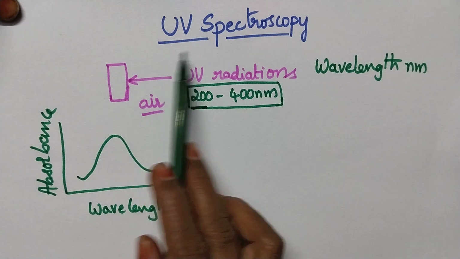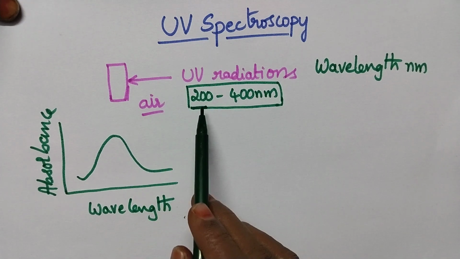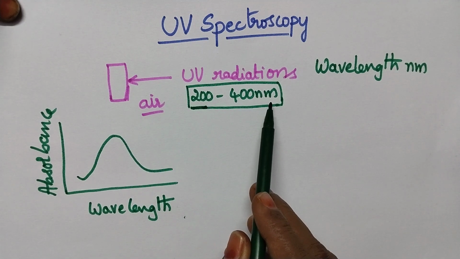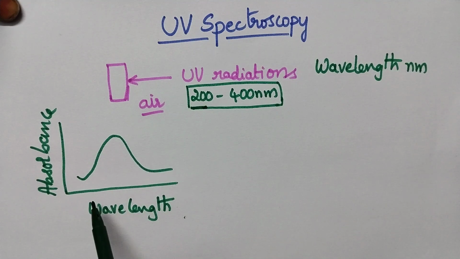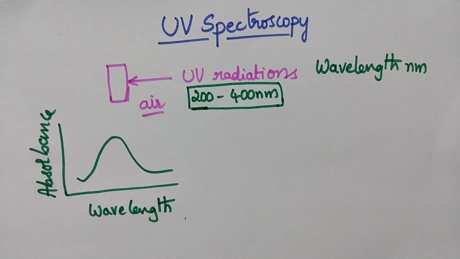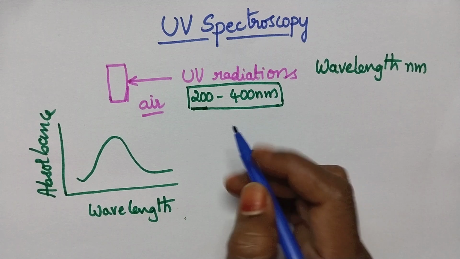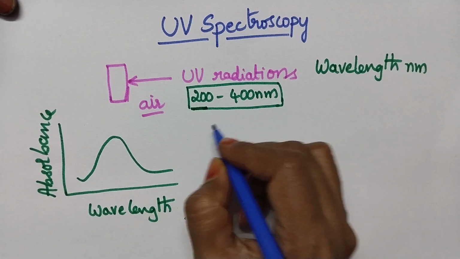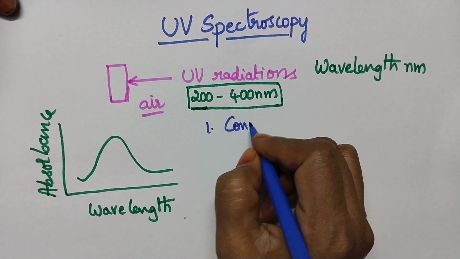So UV spectroscopy extends from 200 to 400 nanometers, and always the UV spectrum is drawn between wavelength and absorbance. Coming to the importance of UV spectroscopy, it gives much information about conjugated double bonds.